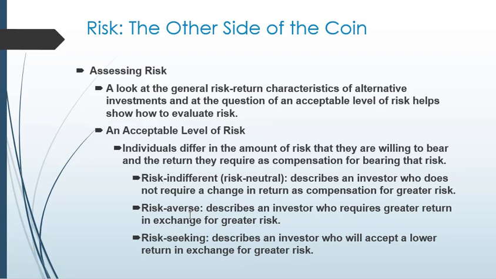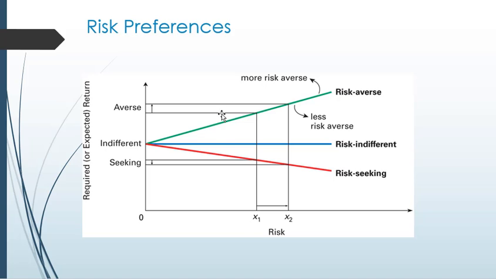We assume that rational investors require greater returns in exchange for greater risk. And what we find out graphically is this is how their return mechanisms would work, right? Risk averse, as risk increases, they want higher rates of returns. And these folks out here are more risk averse than these folks down here.